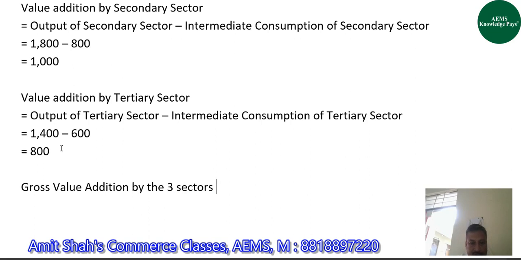So gross value addition by the three sectors, that is GDP at MP, is 1,000 by the primary sector, 1,000 by the secondary sector, and 800 by the tertiary sector, that is 2,800 crores.